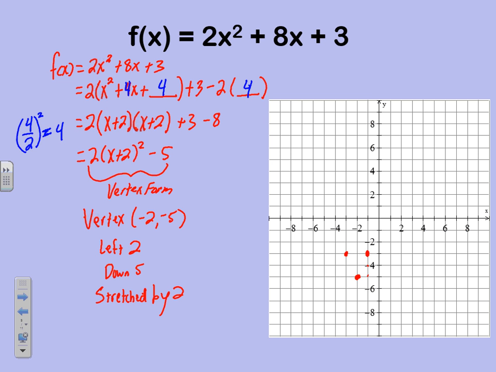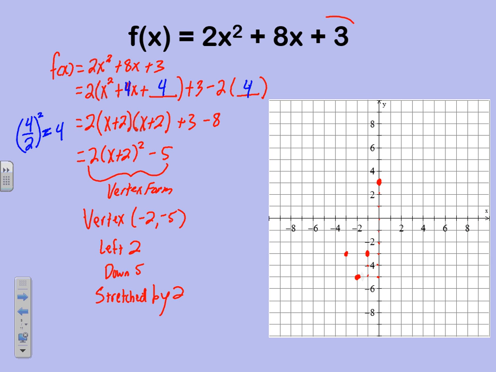Next, what it said to do is, okay, well, if we go to the right 2 spaces from the vertex on the parent function, we would go up 4 spaces. Well, here we have to go up twice as many, so we're going to go up 8 whole spaces. 1, 2, 3, 4, 5, 6, 7, 8.